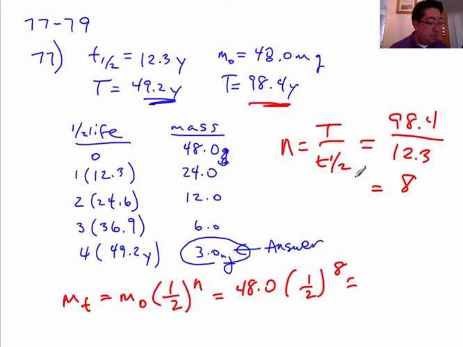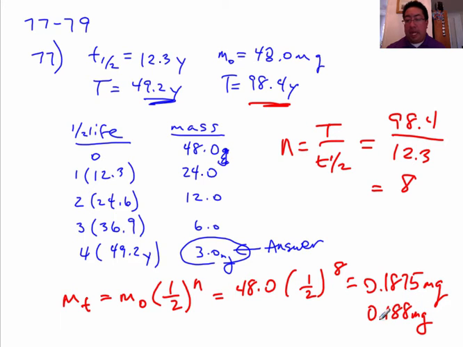So 48 times 0.5 to the 8th, and we end up getting 0.1875 milligrams. If we rounded, this would be 0.188 milligrams. I'd accept either one, but this one is the more correct answer with sig figs. So this is for the first part, and this is for the second part.